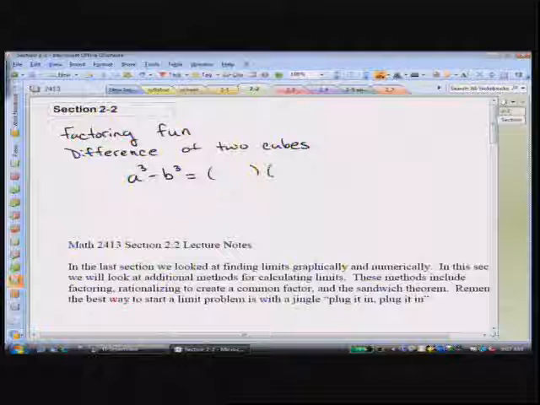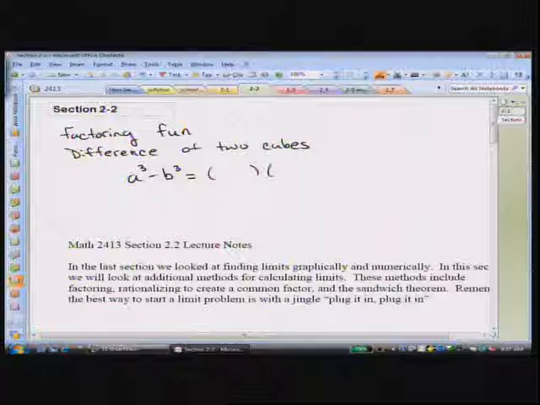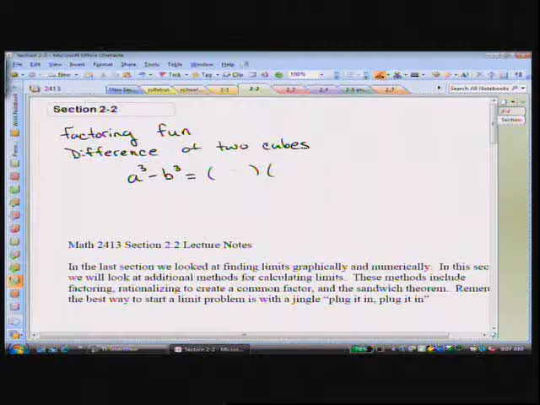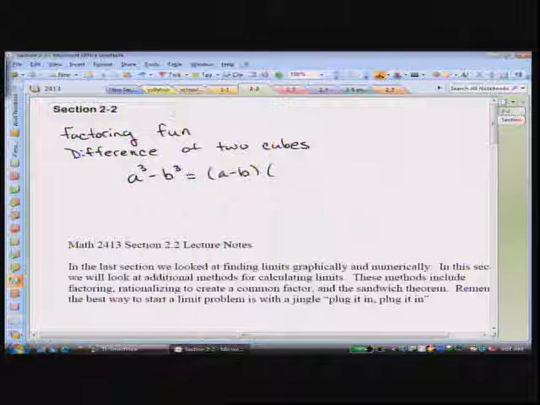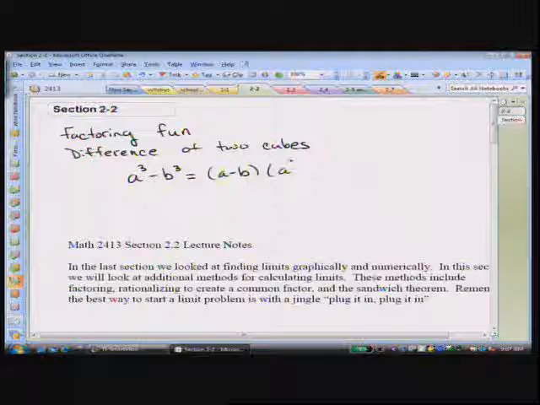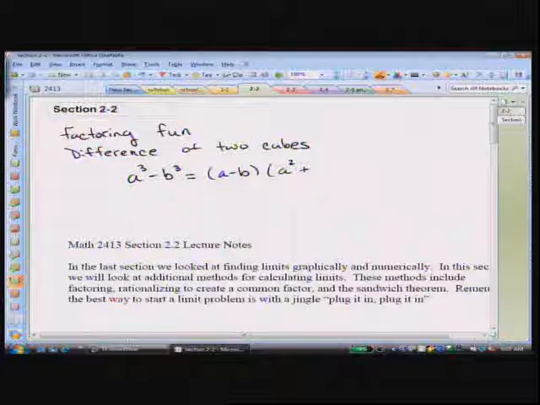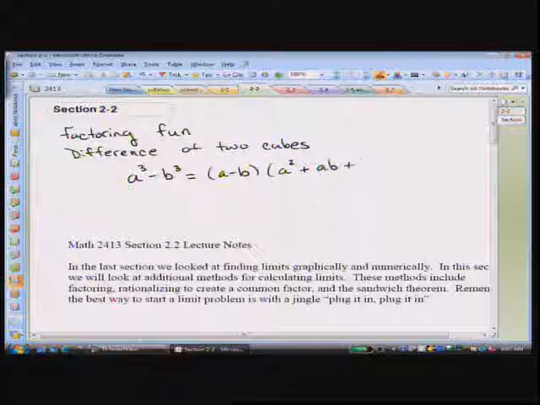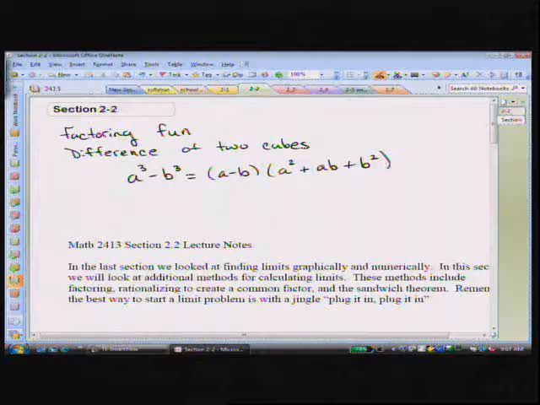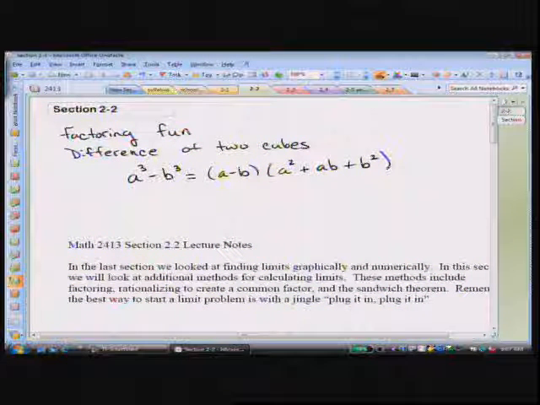It's a minus b, and then it's a squared plus ab plus b squared. So if you FOIL that out, you'll just get a cubed minus b cubed.